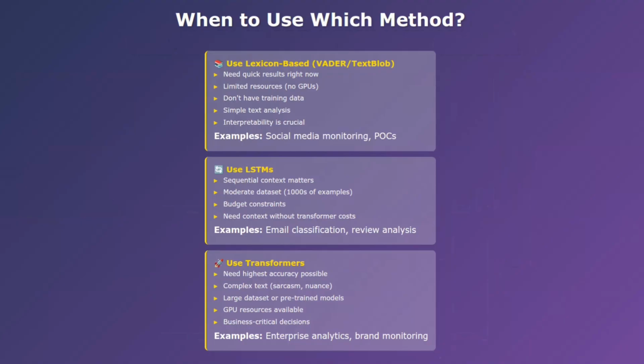Use transformers when you need the highest accuracy possible. You're dealing with complex text, sarcasm, nuance, irony. You have a large data set or can use pre-trained models. GPU resources are available. The stakes are high, business-critical decisions. Examples: enterprise analytics, brand monitoring, critical decision-making systems.